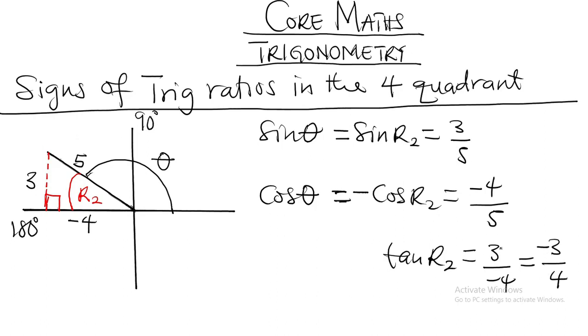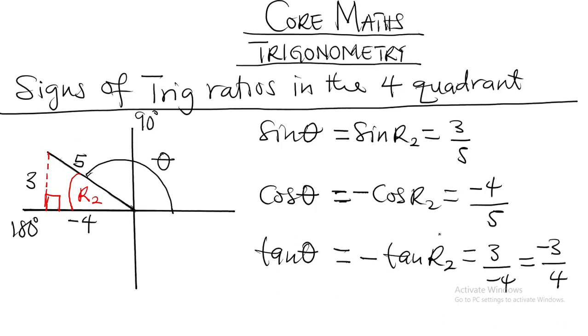So what it means is that it is rather negative tan R2, which is equal to -3 on 4. Are you okay? Good. So now, the tan of the angle theta in the second quadrant is the same as the negative tan of its reference angle. I hope you are following.